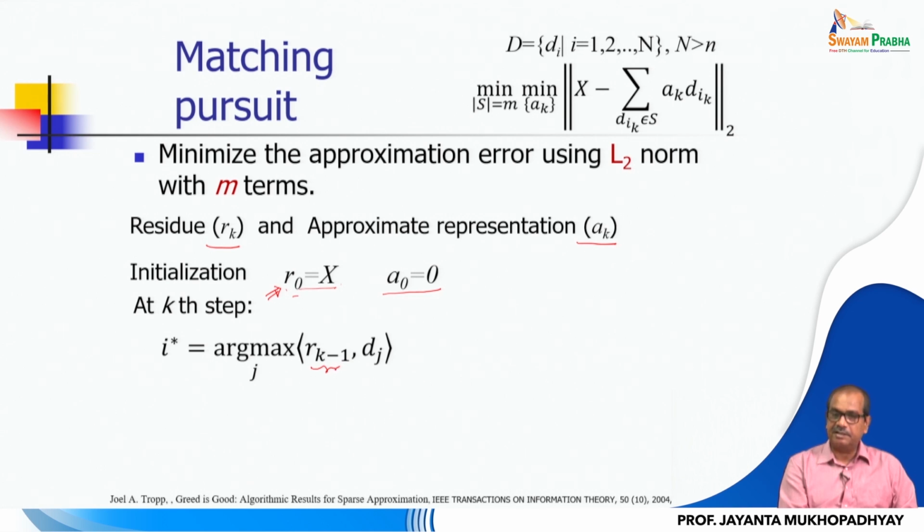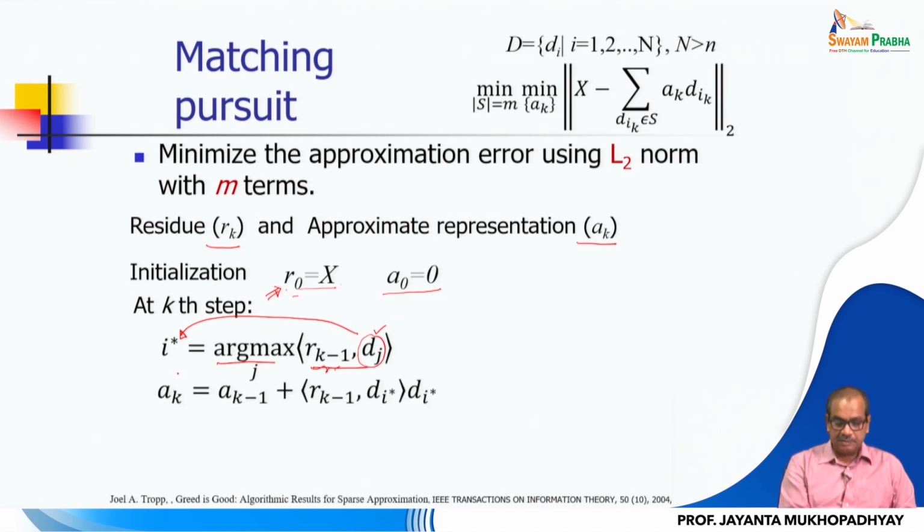The inner product of that residue, which is a vector, with an atom dj, means you take the dot product and select that atom which gives the maximum dot product. You note that every atom here is a unit vector, which we have already assumed. So, you get these things.